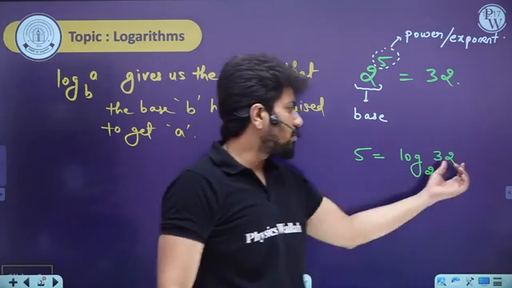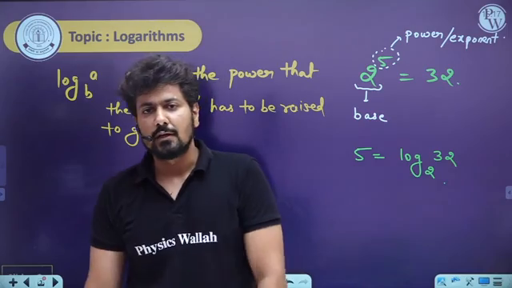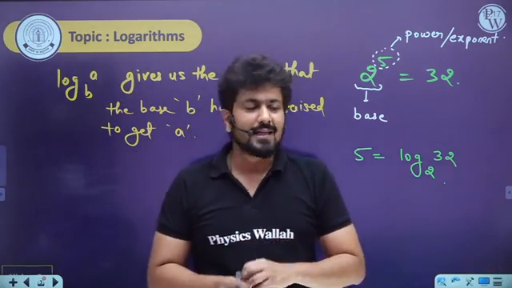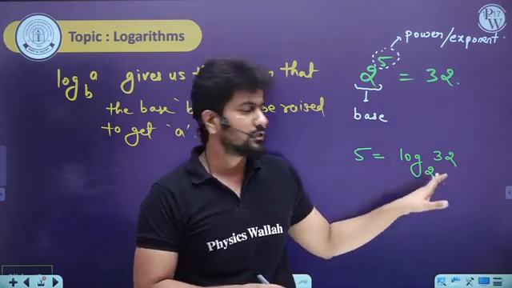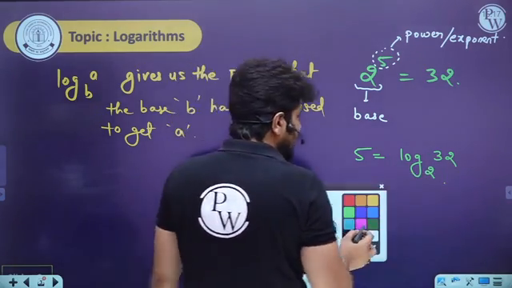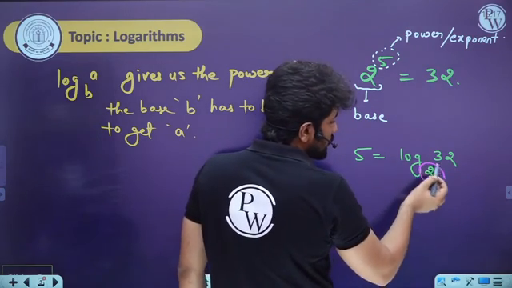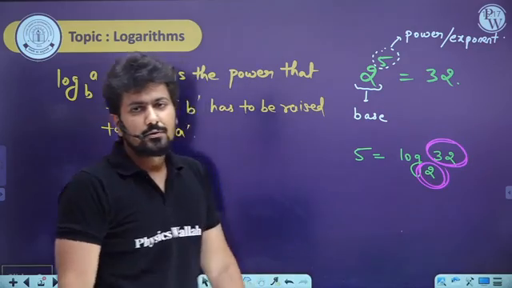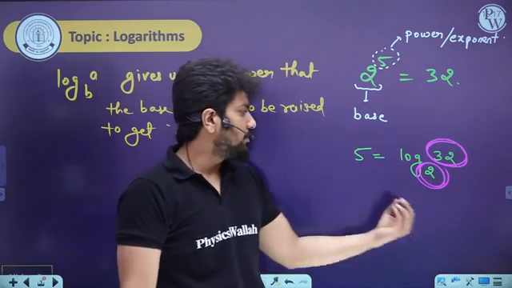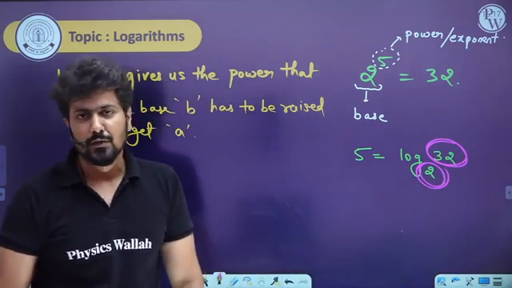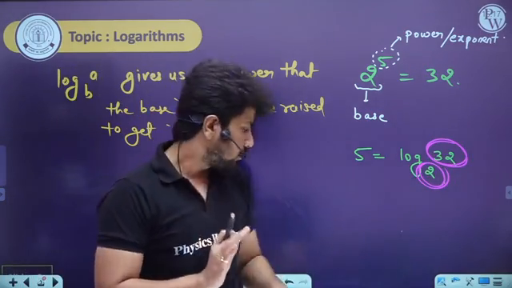Basically, if I am writing log of 32 to the base 2, I am asking you the power that the base has to be raised to get this number 32. What power does the base 2 have to be raised to get 32? You can directly answer that base 2 has to be raised to the power 5 to get 32. So this is the basic definition of logarithm.